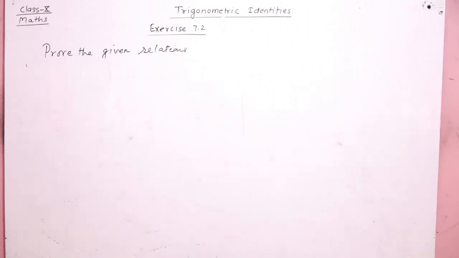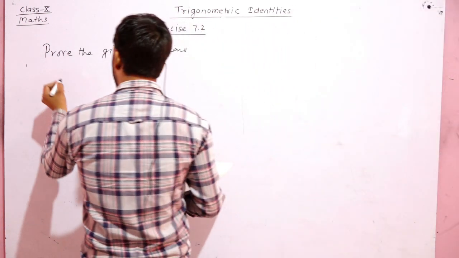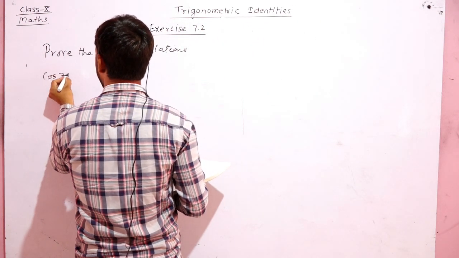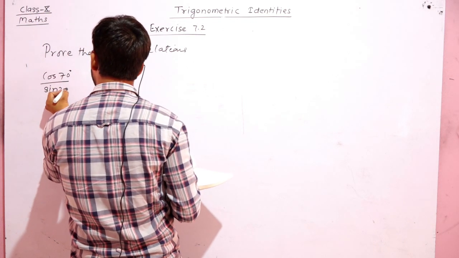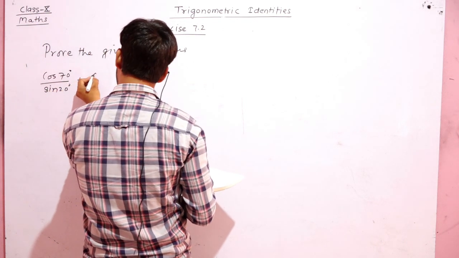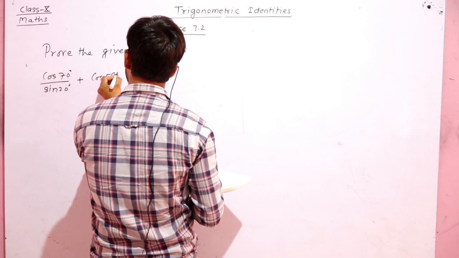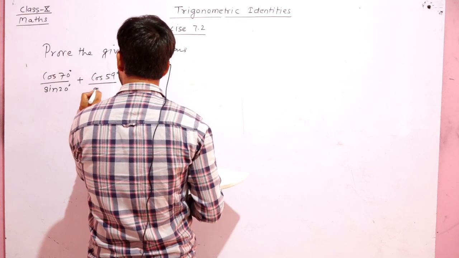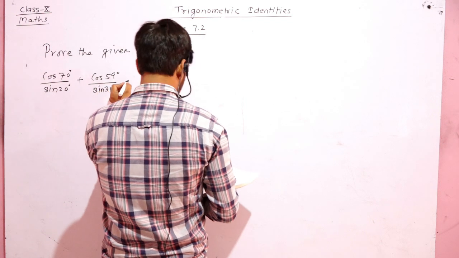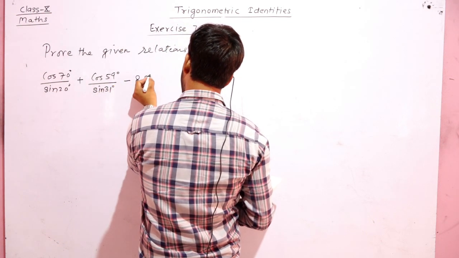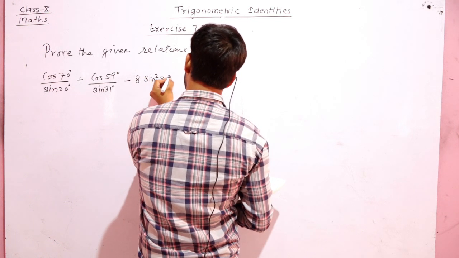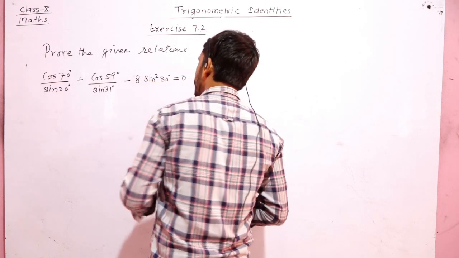Now question number 9 is given as: prove that cos 70 degree divided by sine 20 degree, plus cos 59 degree divided by sine 31 degree, minus 8 sine square of 30 degree, is equal to 0.